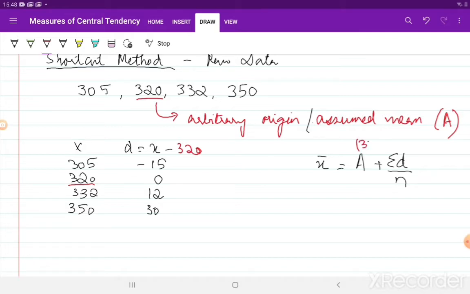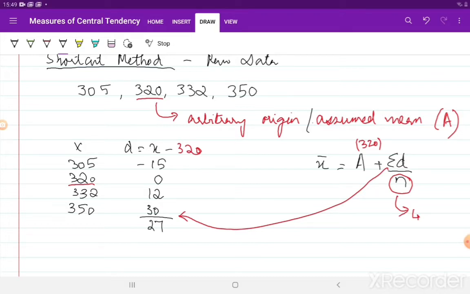Summation D would be what comes here, the sum of D here. So that's 27. And n in this case is a number of observation, which is 4.